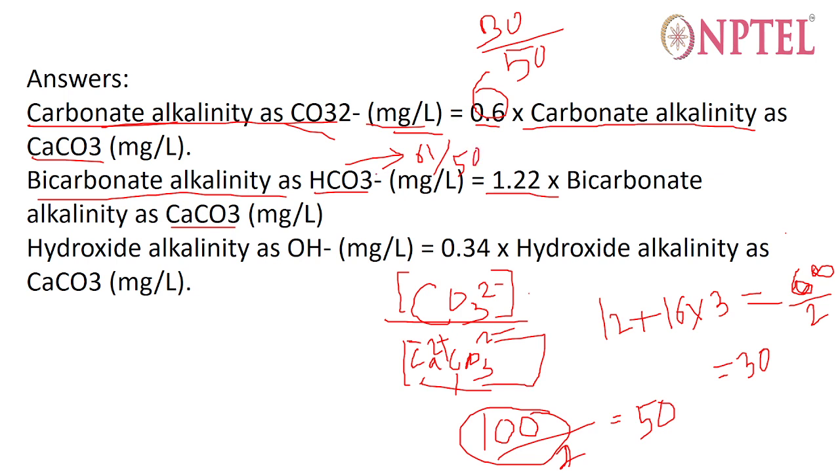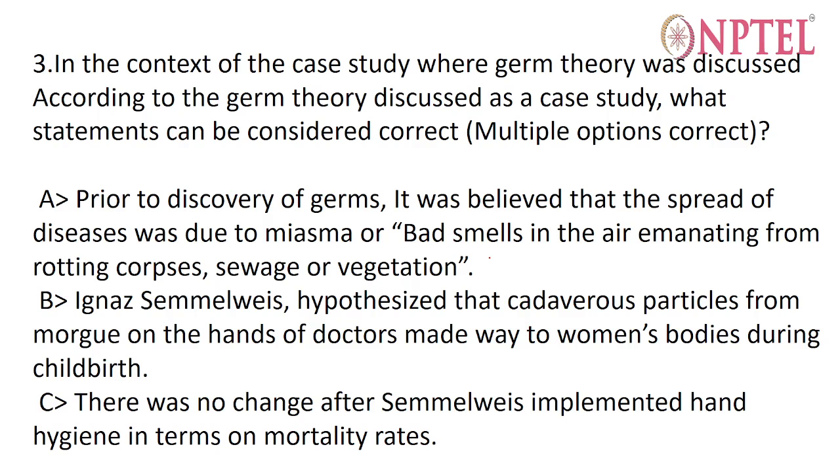Why 61? Because the charge is only 1. So 61 divided by 1, it will be 61 only, right? It's not divided by 2. Be careful. And same as hydroxide anion, it will be 17 divided by 50, and you will get 0.34. So we'll move to the next question.